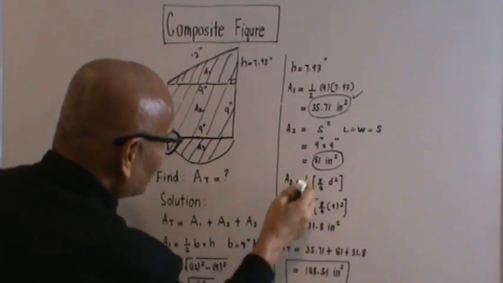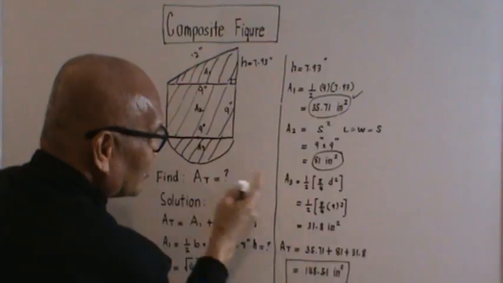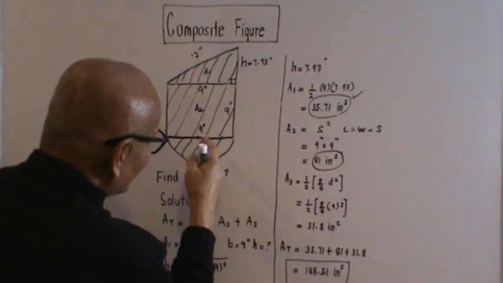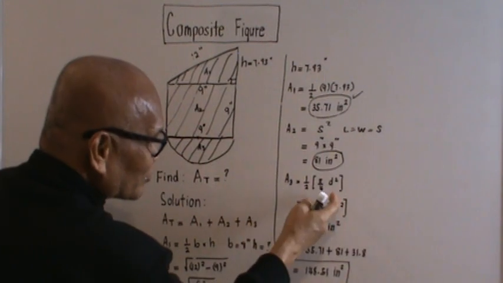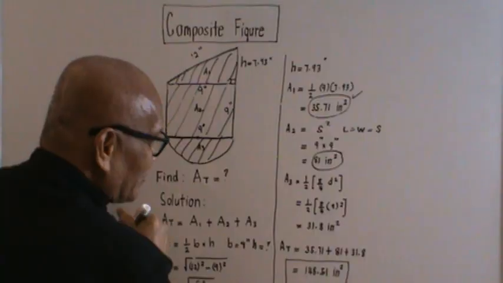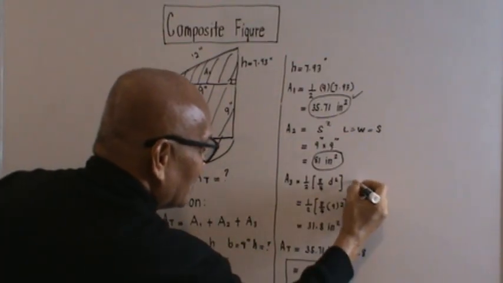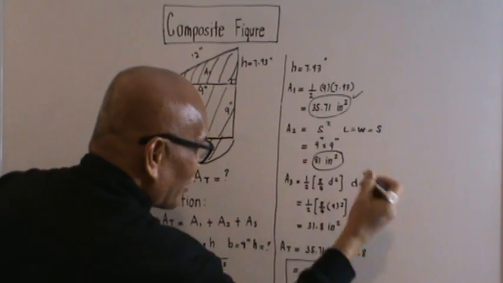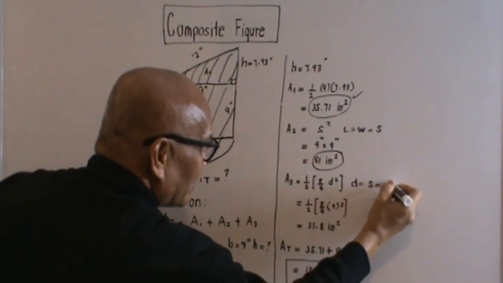But since we are only taking a half circle or semicircle, we must get 1/2 of that. So the area of the semicircle is 1/2 of the area of the circle. And we are given the diameter of the circle, which is equivalent to the side of the square, 9 inches.